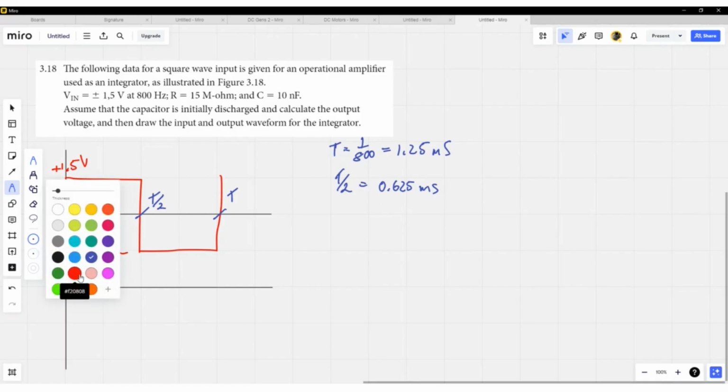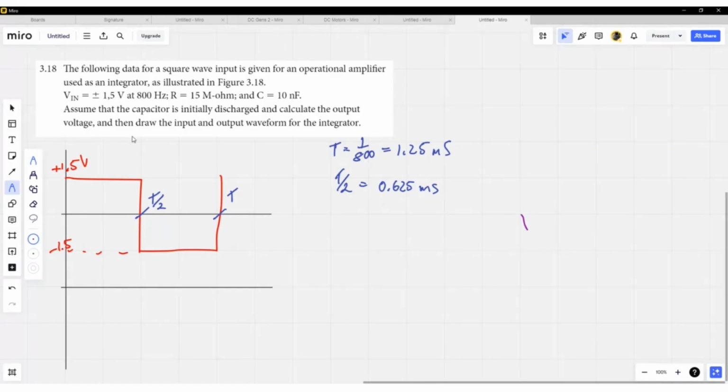Okay, so the first part that we need to do here is maybe calculate what this value is beforehand, 1 over RC, because then you can just substitute it in everywhere. That's 1 over 15 times 10 to the 6 times 10 times 10 to the minus 9.